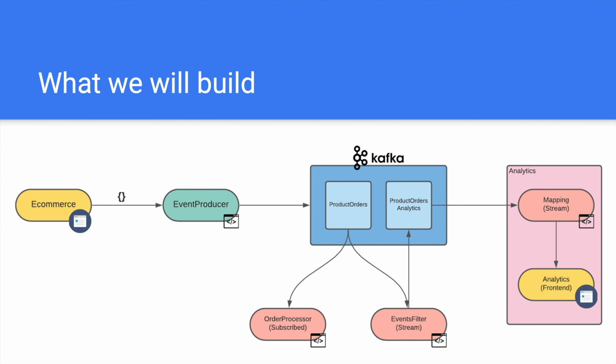The last consumer will stream from the product orders analytics topic and just do a tiny bit of analytics, like counting the number of orders per category and then saving it to a materialized view, which you will learn about later, so it can be queried at a later time. And then finally, send over the results to a front-end view in a JSON format to demonstrate the concept behind how dashboards work.